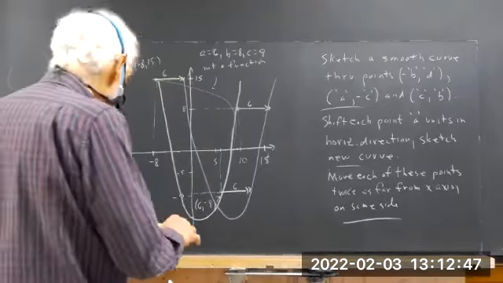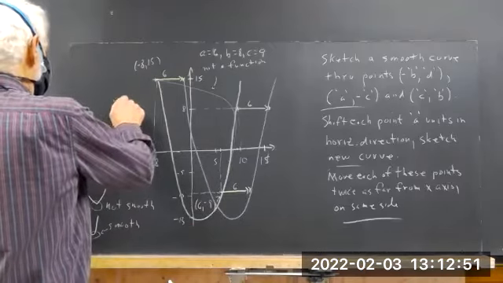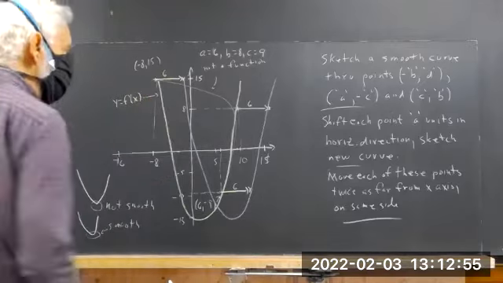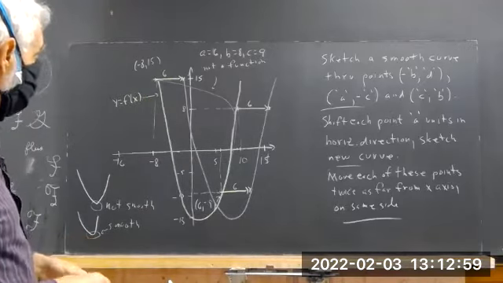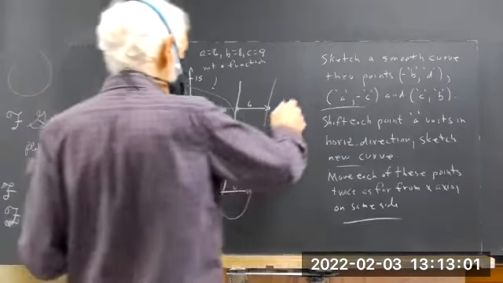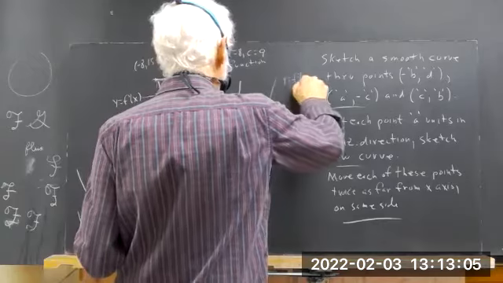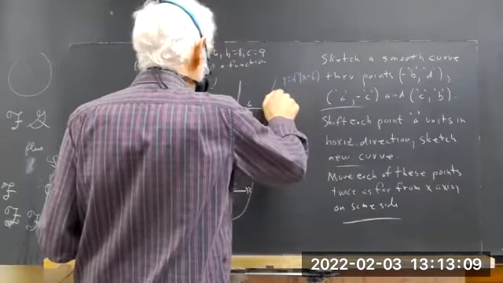Now, as we've said, if this curve is y equals f of x, this curve is y equals f of x minus 6.